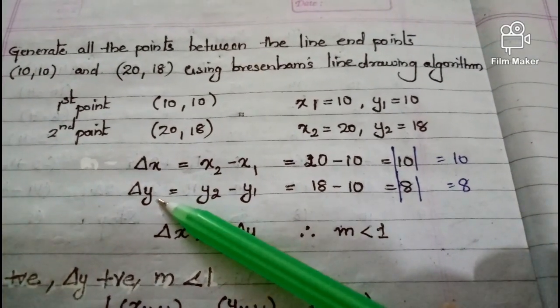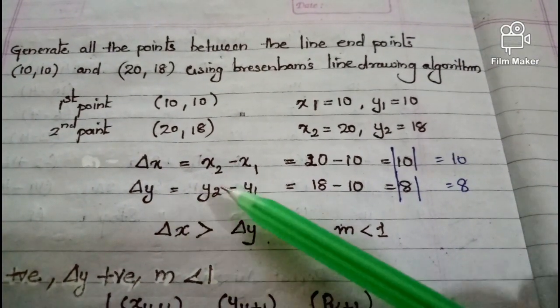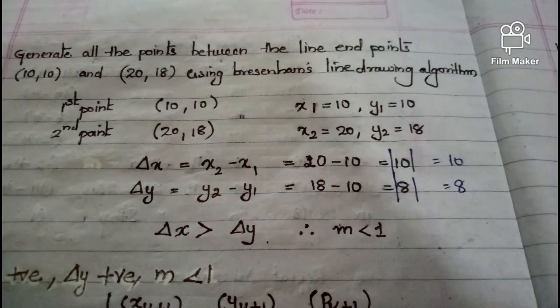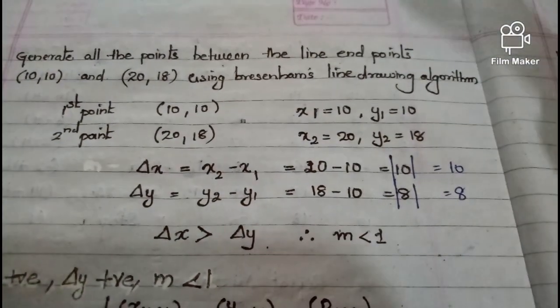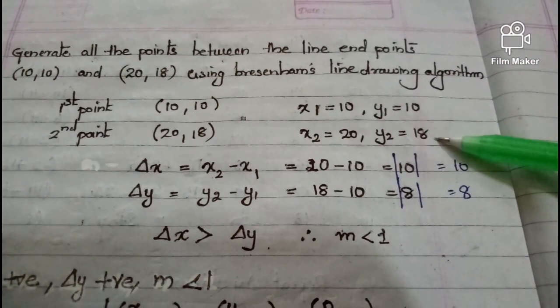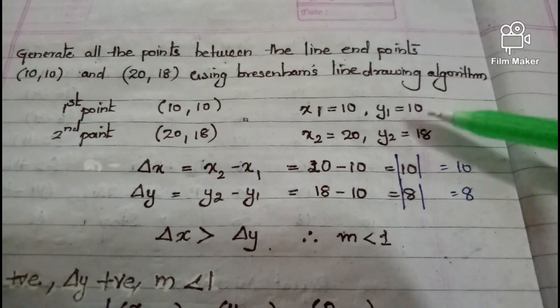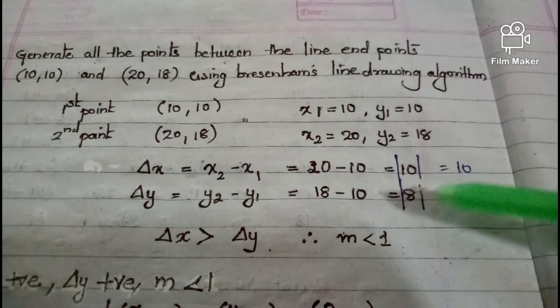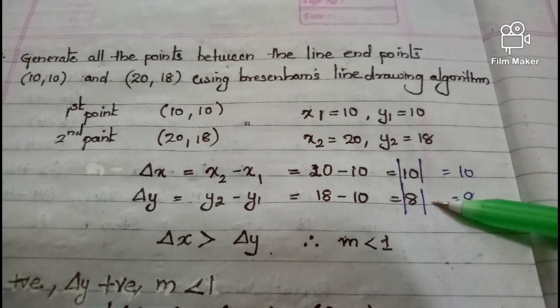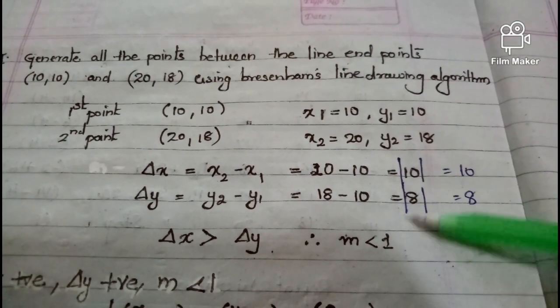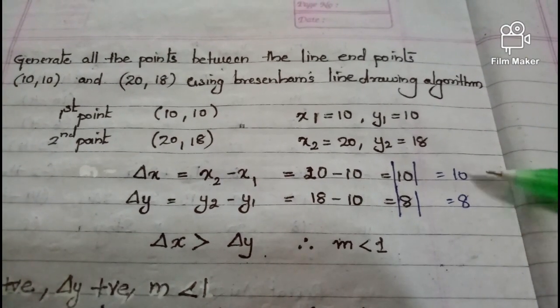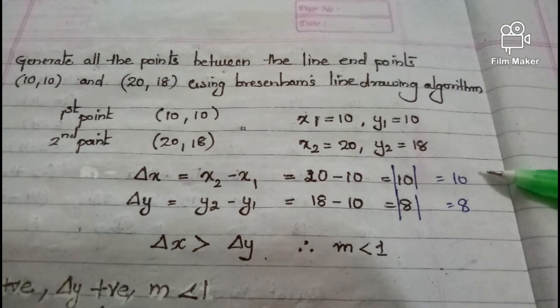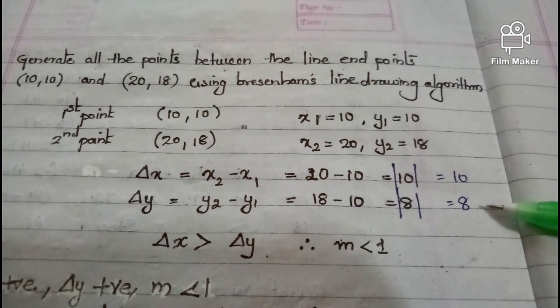Then find the value of delta y, which can be found using y2 minus y1. Now the value of y2 is 18 and y1 is 10. So y2 minus y1 is 18 minus 10, which is 8. Clear? Again take the modulus value and finally you will get the answer 8. So you got two values. The value of delta x is 10 and the value of delta y is 8.